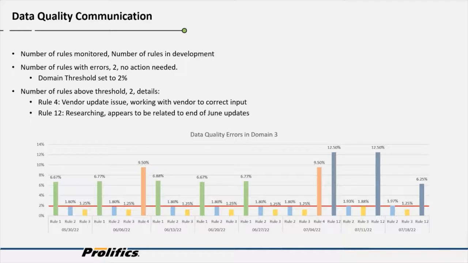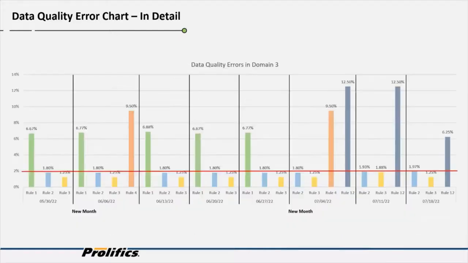Let's talk about what is the issue, what have we done, or what are we doing in this communication. So let's go and take a look at the graph in a little more detail. Next slide, please. So if you look at this graph, on the left side, on the y-axis I've put everything in percentages. And on the x-axis, everything is by date.